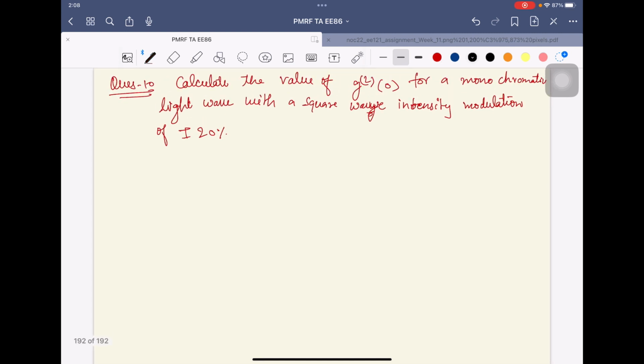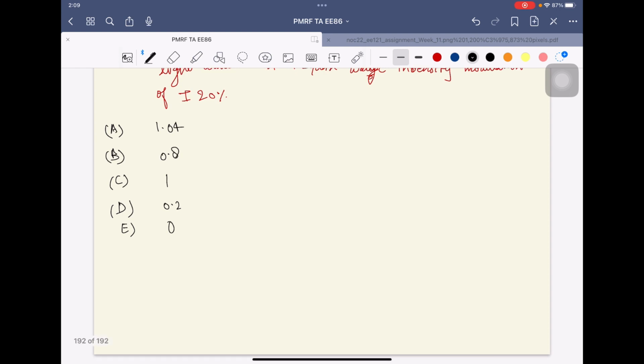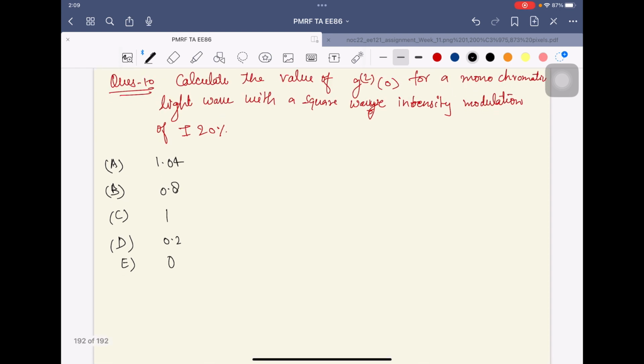So your options are A 1.04, B 0.8, C is 1, D is 0.2 and E is 0. So what will be the answer? Just solve in 5 minutes.